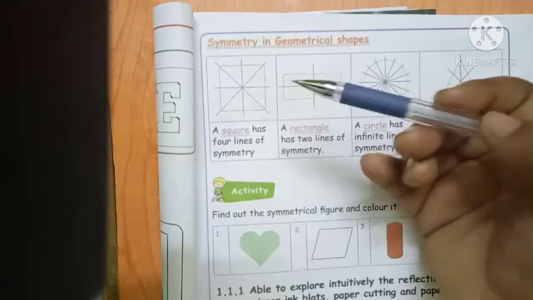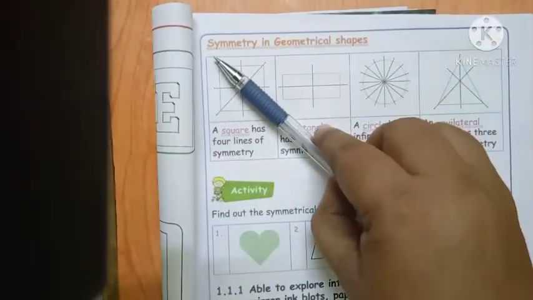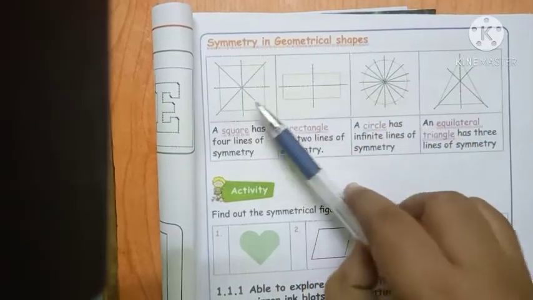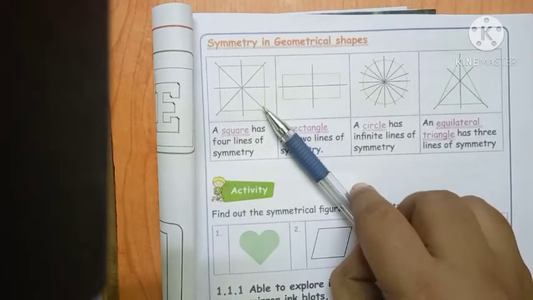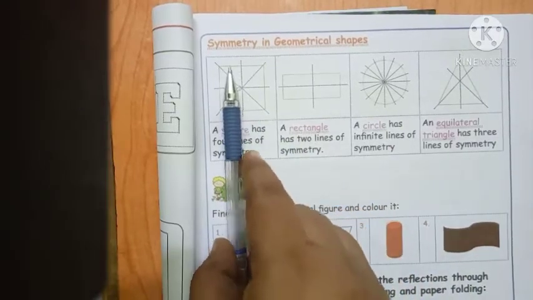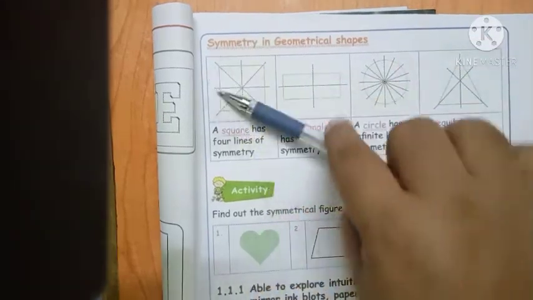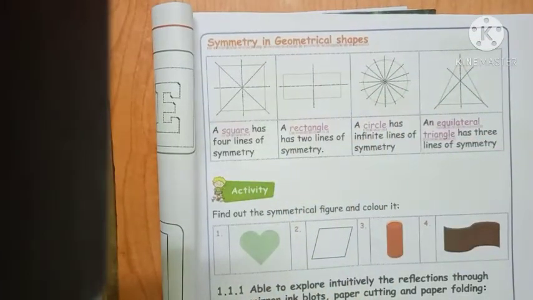So you get these lines or diagonals. You cut the square along the 1, 2 diagonals and you get the same shape. Or otherwise you fold along the length or height, and you get symmetry.